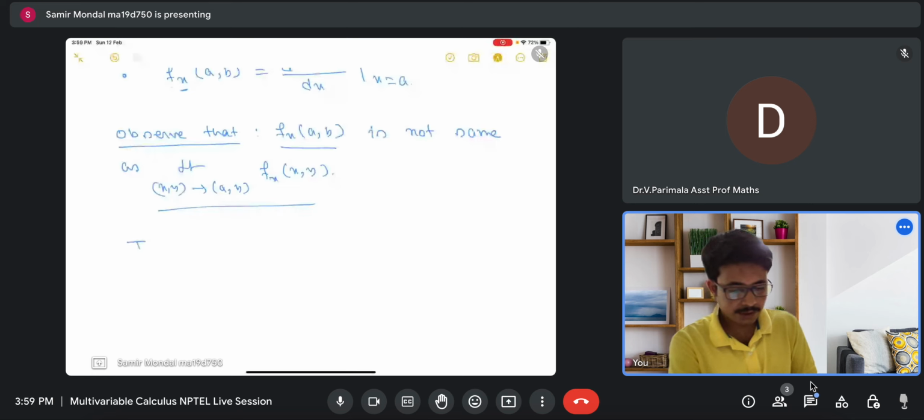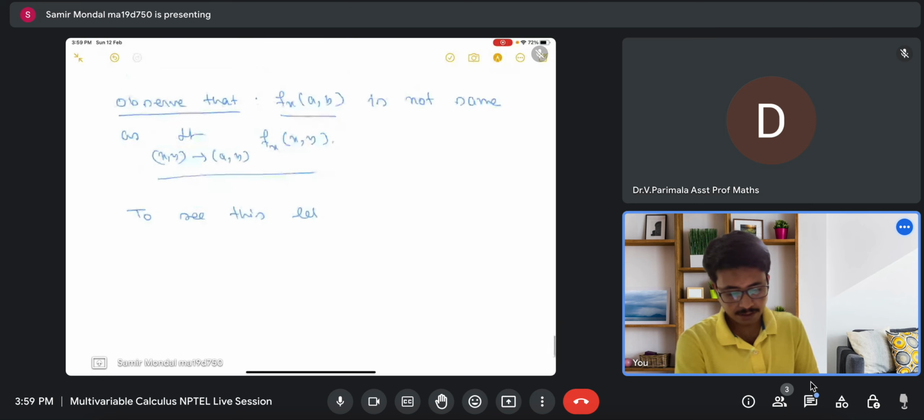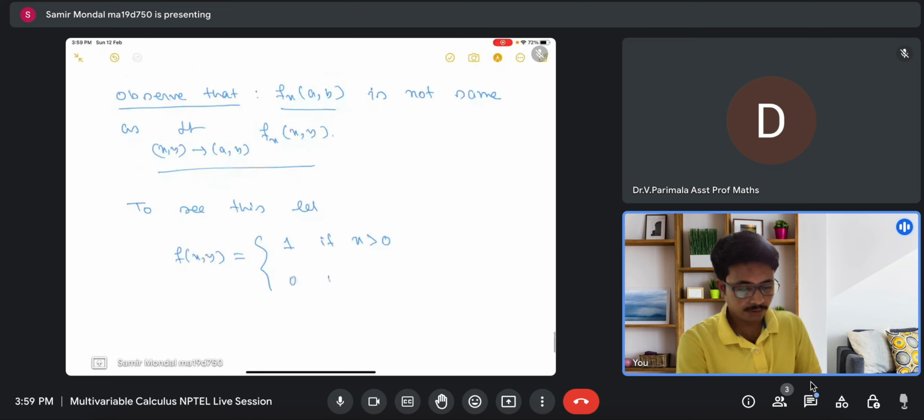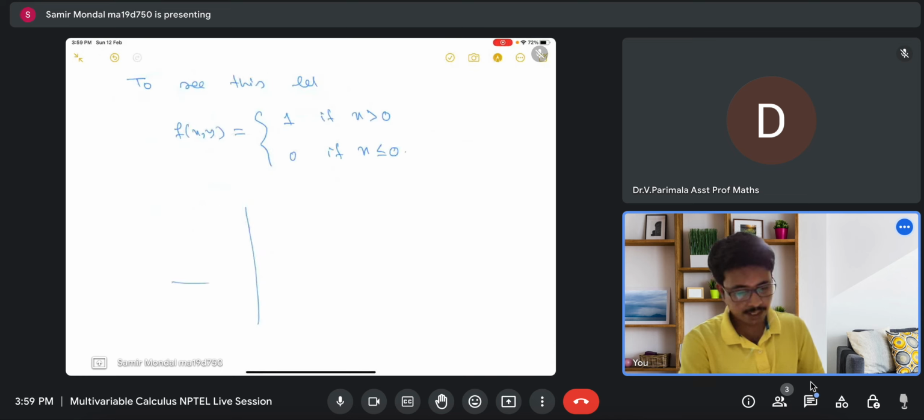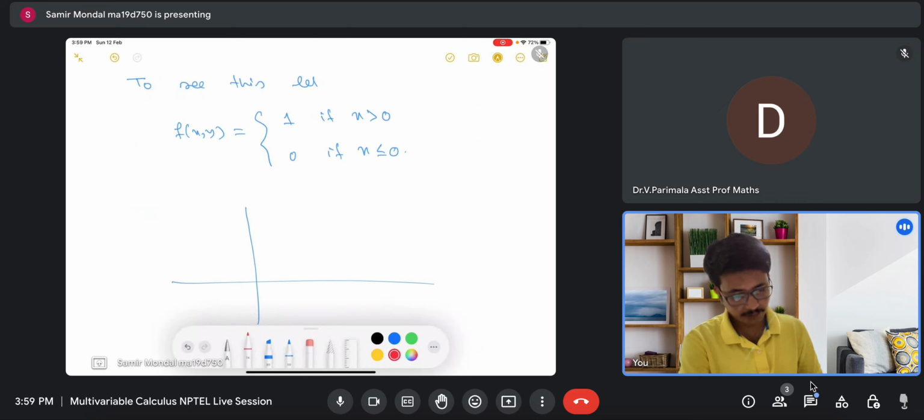To see this, let f of x, y be given by 1 if x is greater than 0, and 0 if x is less than or equal to 0. Okay, this is your given function.